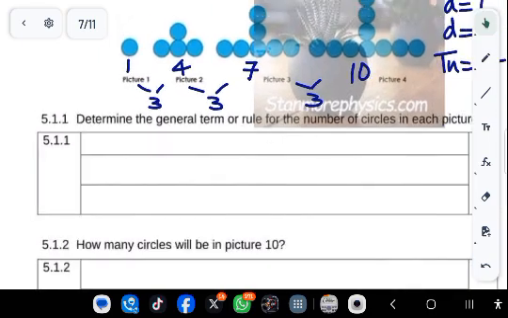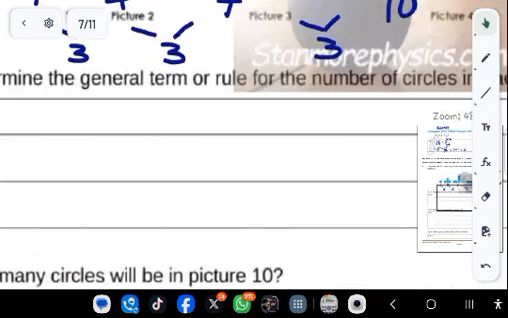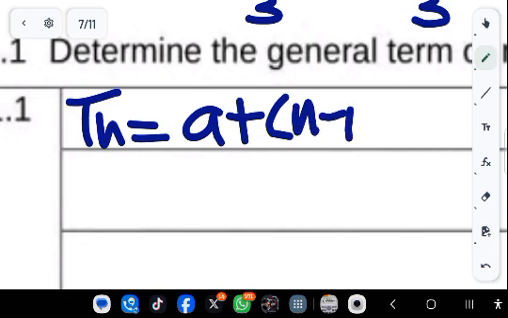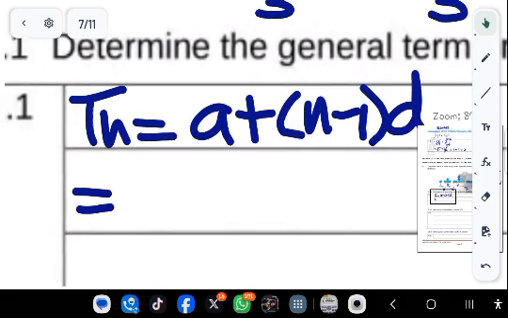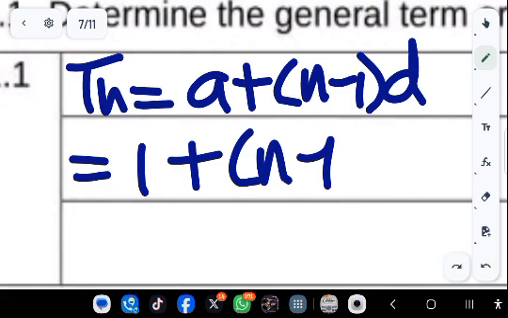Determine the general term or rule of the number in circles in the picture. There, we've got the equation of the general term. So let's substitute the information that we need to substitute. The first term is 1 and the constant difference is 3. So that's 1 plus (n minus 1) times 3.